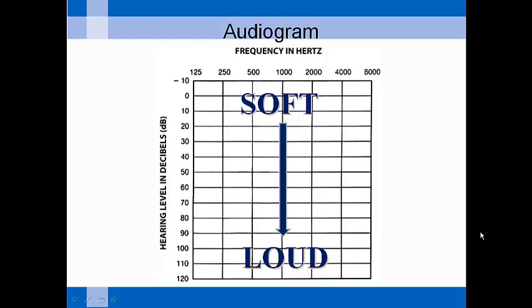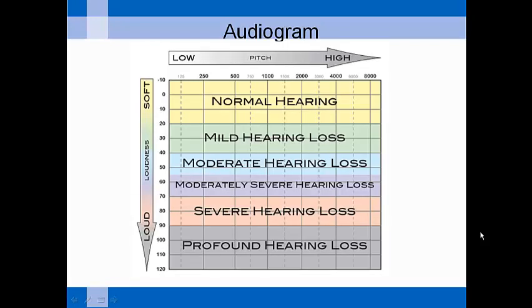As you work your way to the right, they become higher in pitch or more like the treble sounds. And then here on the left side where it goes from -10 to 0, 10, 20, all the way down to 120, that is going from soft to loud. So that's the volume of these sounds. And so the bigger the number, the louder the sound gets.